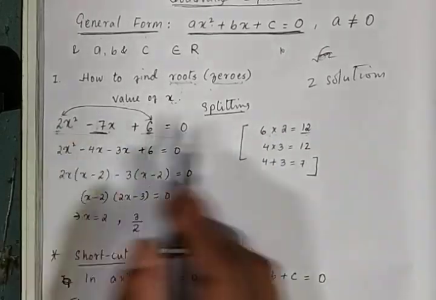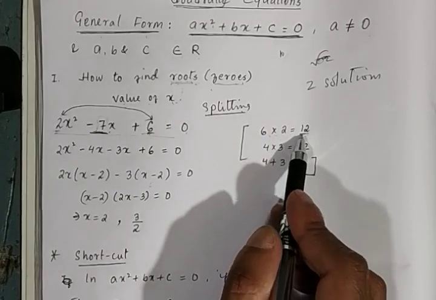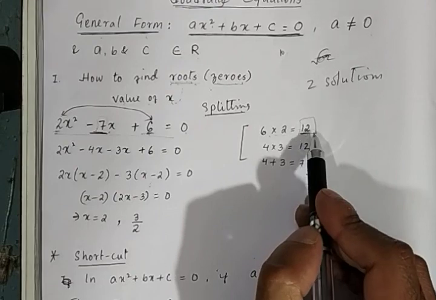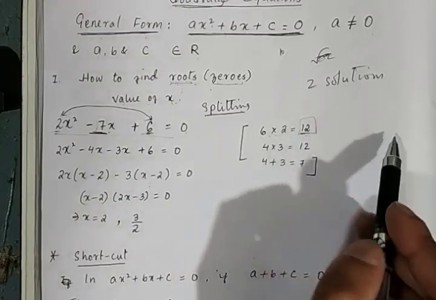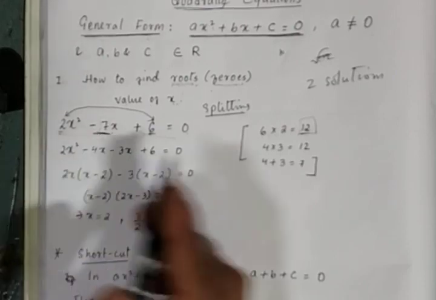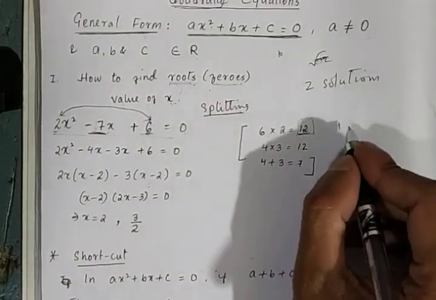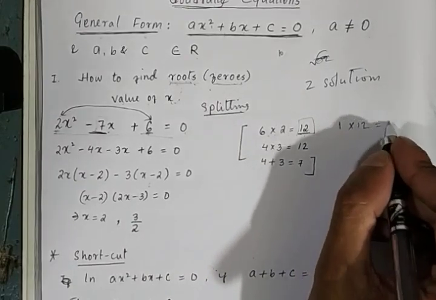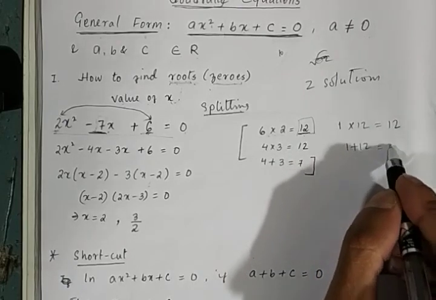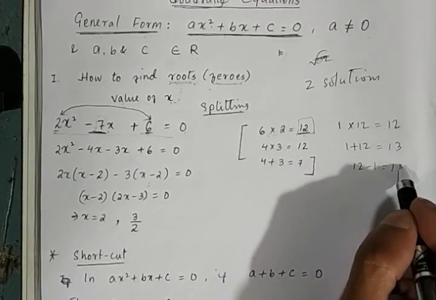In which table is 12 present, such that when we add or subtract we'll get 7? 12 is present in the table of 1 also, 1 twelve is 12. But when I add 1 plus 12, it gives us 13, and when I subtract 12 minus 1, it gives us 11.